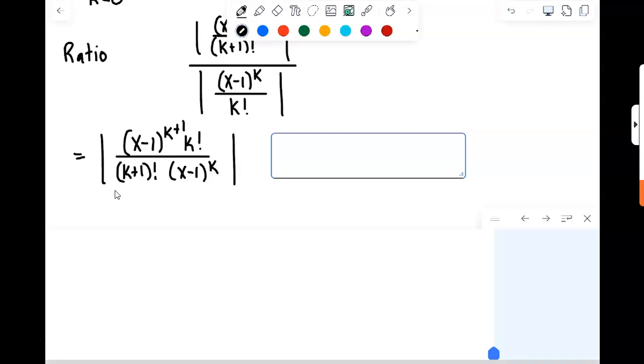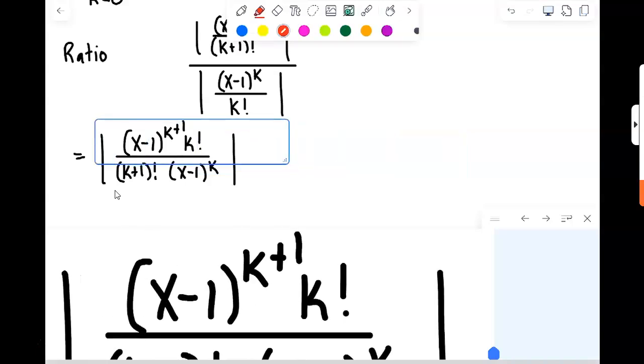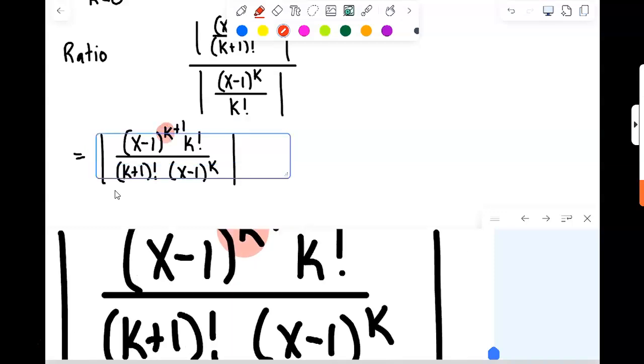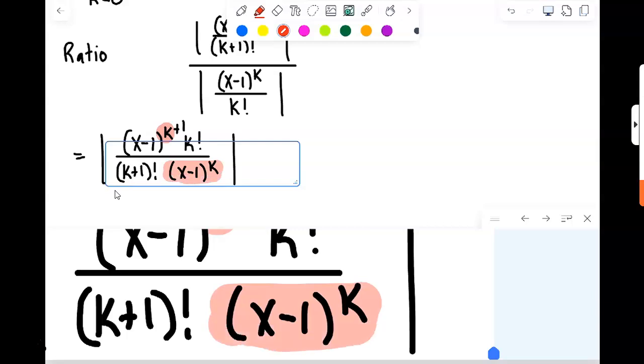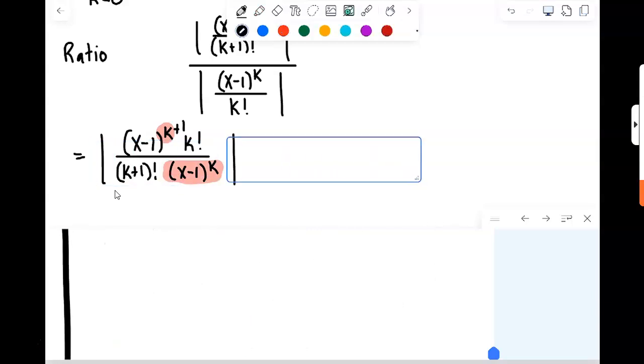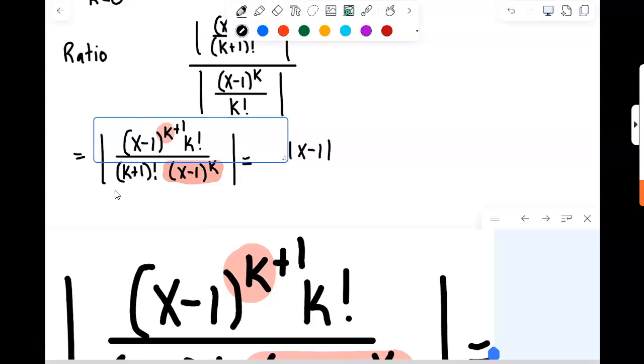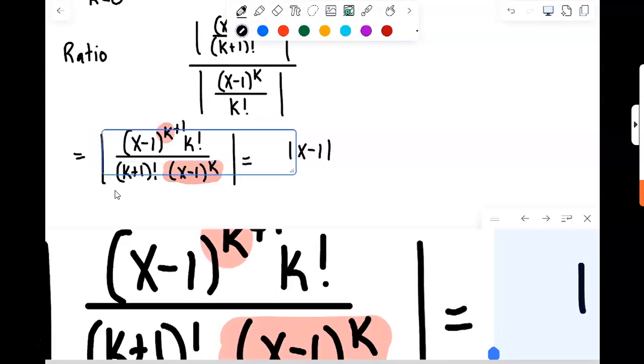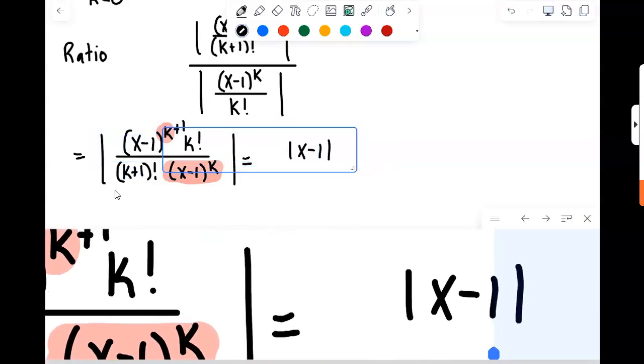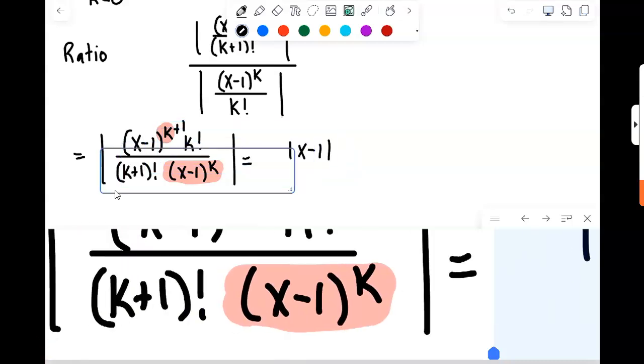Okay, and then we just need to go through and simplify. So first things first, the x minus 1 to the k on top will cancel with the x minus 1 to the k in the bottom. And that's just going to leave us with an absolute value of x minus 1 to the first power. And then in the bottom here, we're going to have k factorial over k plus 1 factorial.